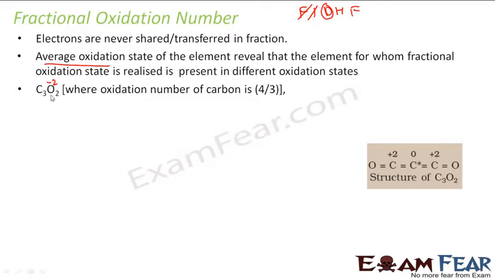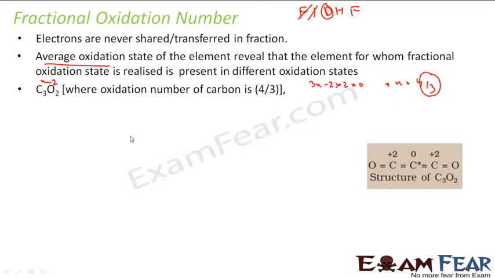So this becomes C3O2. Let the oxidation state of carbon be x, so 3x minus 2 into 2 is equal to 0, and x is nothing but 4/3. So the oxidation number of carbon is 4/3, which is a fraction.